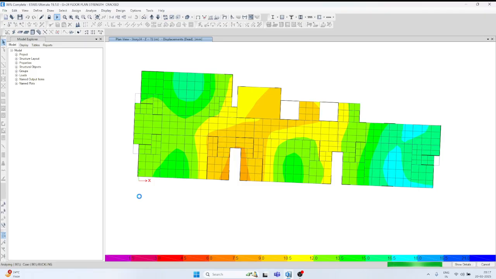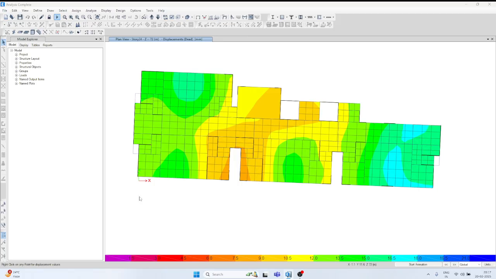We check this, and when it is okay, then in the service model we also check the vibration analysis if the structure needs it. After the service model we create the strength model, and in the strength model we check the buckling analysis, the torsional irregularity, the soft story, the gust factor, etc.